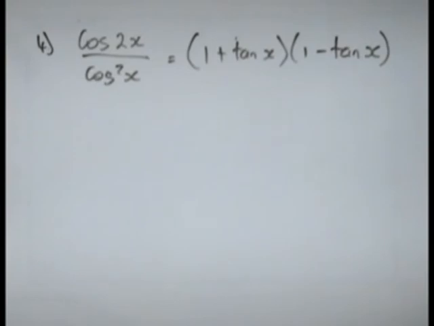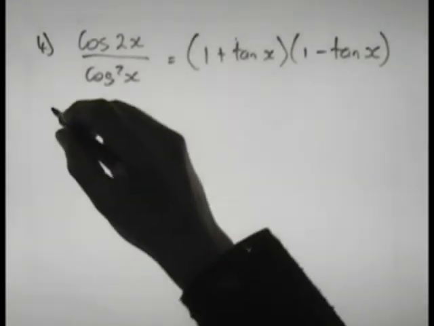The next one I gave you to do: cos 2x over cos squared x is equal to 1 plus tan x multiplied by 1 minus tan x. This one is unique in that I can work at it from both directions. I'm going to start with the right hand side.